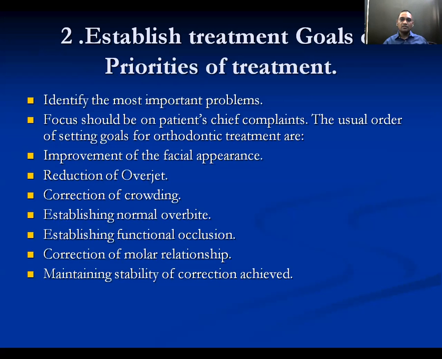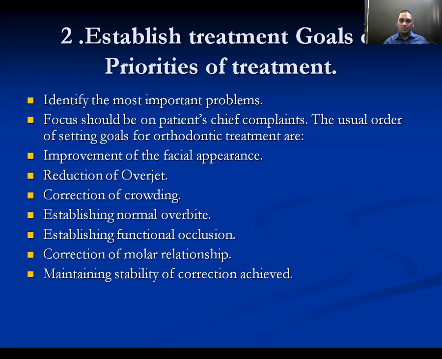Then second will be treatment of the patient with the proper goals. Goals means once you get the treatment done, the following should be present in the patient's mouth. The first important issue should be the patient's problems.